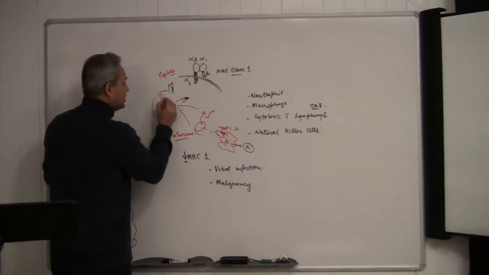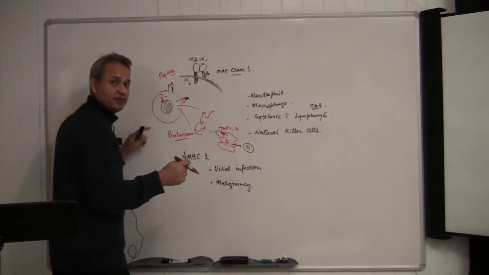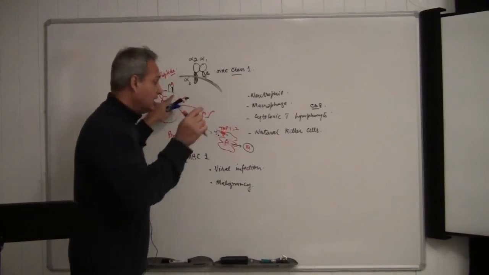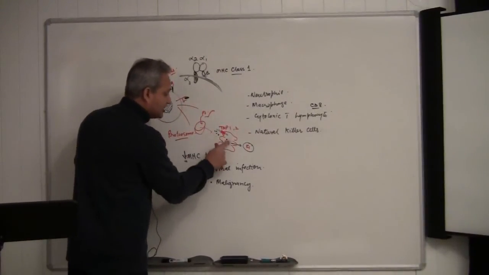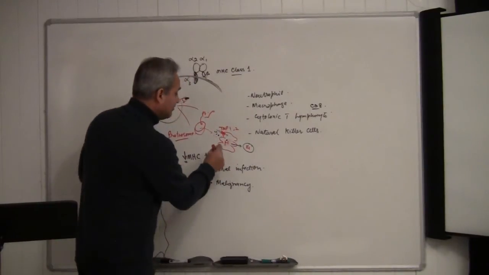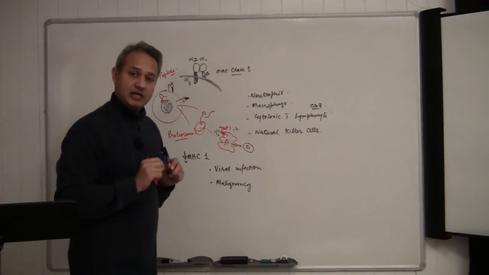Those viral proteins will also undergo the same process. Some of those proteins will break down. Those broken down fragments will be transported into the endoplasmic reticulum via the TAP. Then they will be loaded into MHC1, and the MHC1 would go out on the surface.